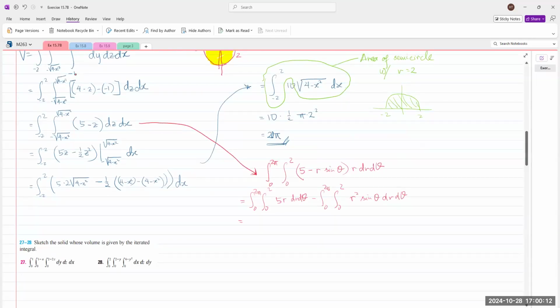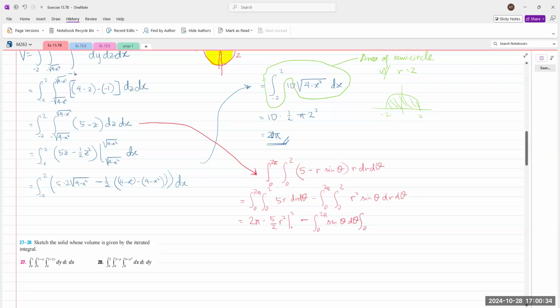Now, this integral becomes 2 pi times 5 over 2 r squared from 0 to 2, minus, you will see this guy here is the integral from 0 to 2 pi of sine theta d theta, because it's separable, right?